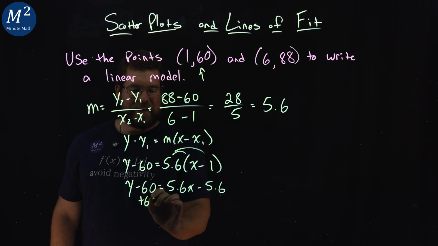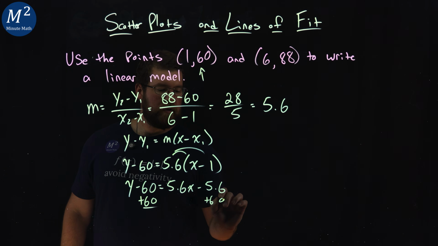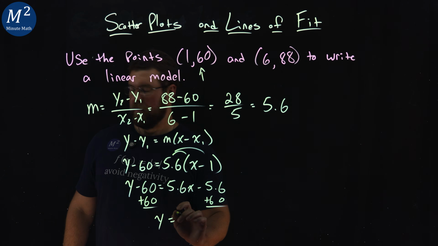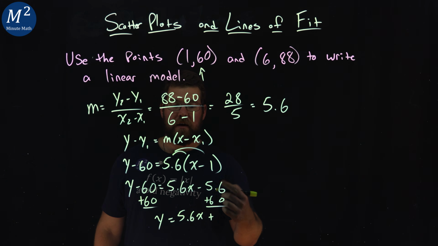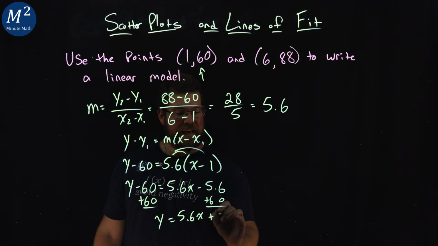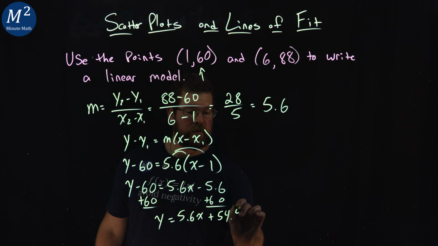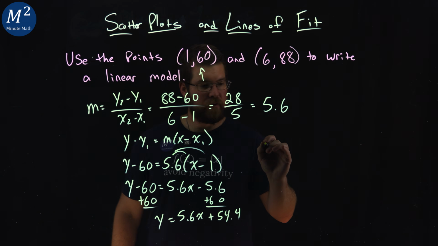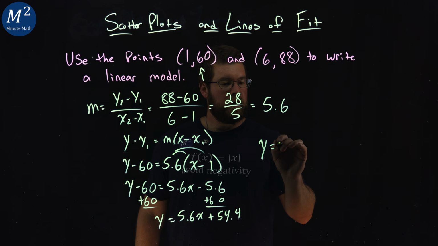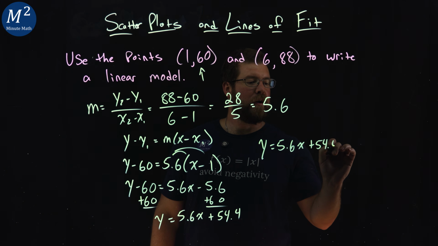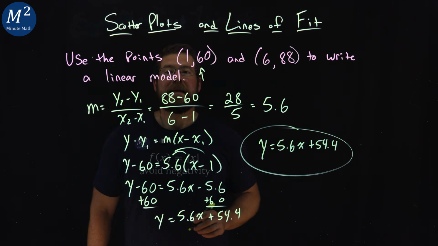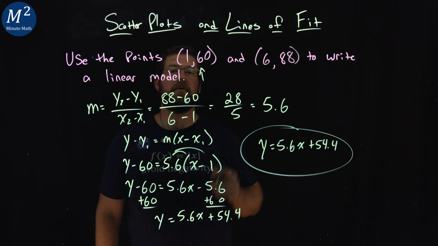Then we have to add 60 to both sides. We have y equals 5.6x plus 60 minus 5.6, which is 54.4. So if I rewrite this equation, y equals 5.6x plus 54.4. And there's our linear model using these 2 points.